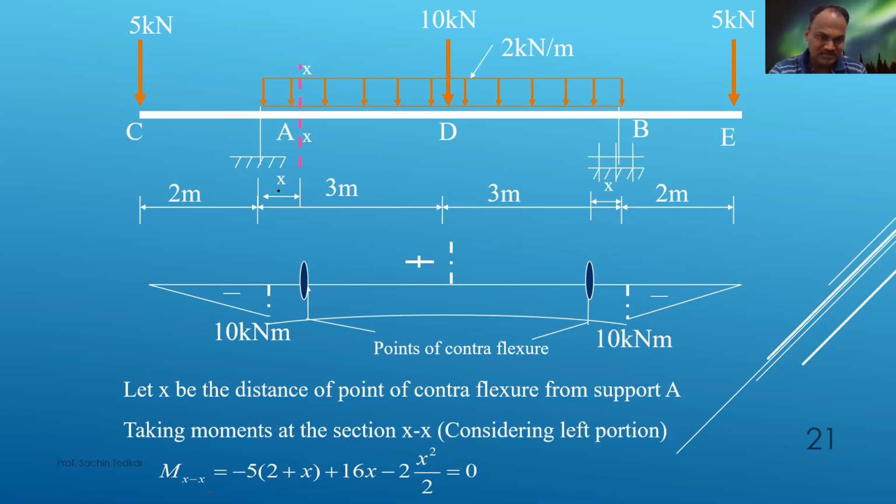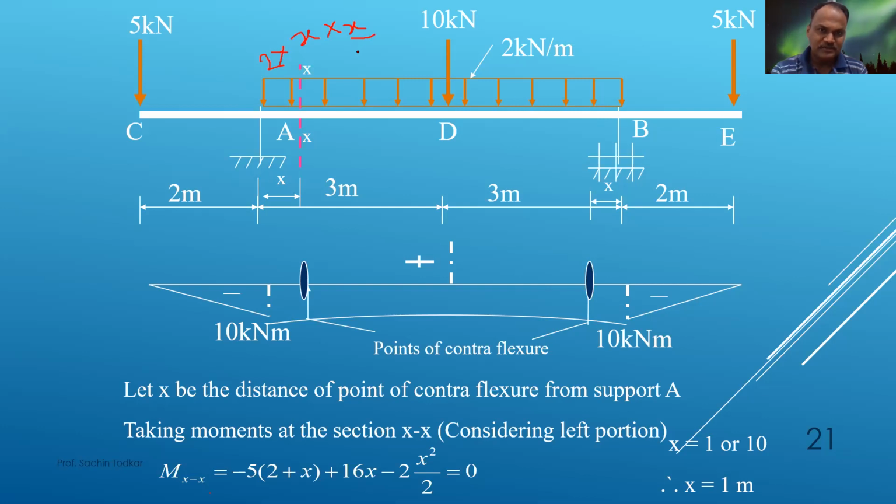This force was 16 multiplied by x, minus 2 into x into x divided by 2.